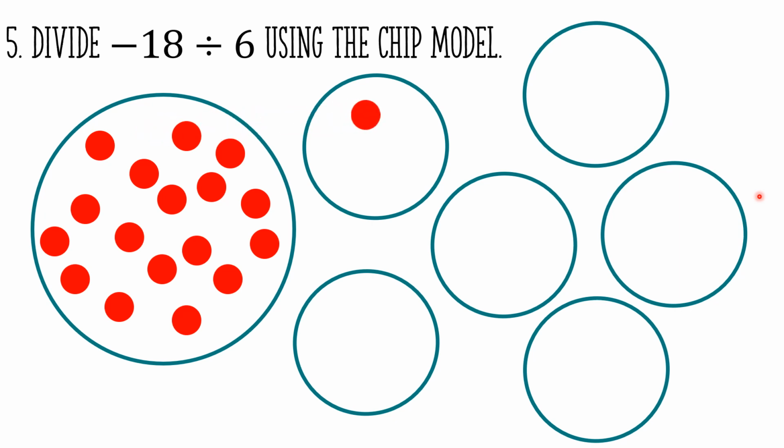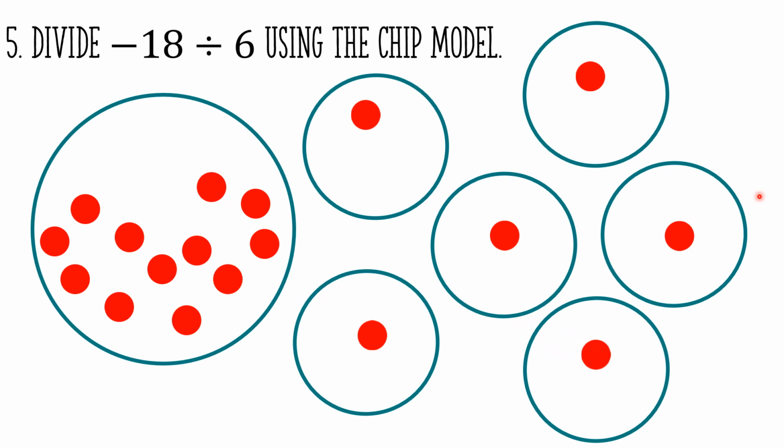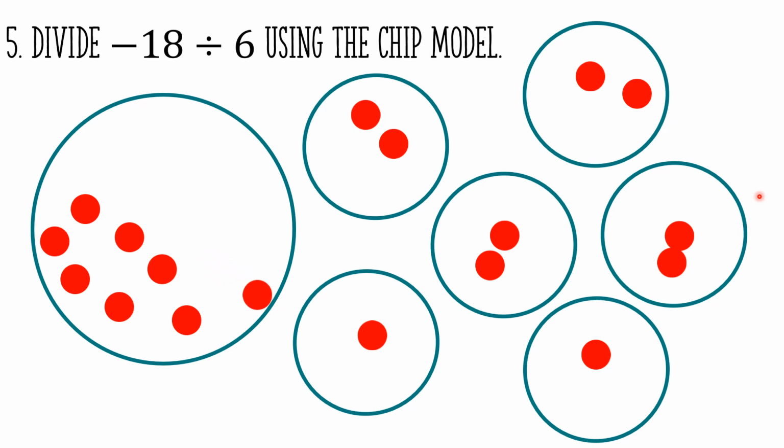All right, so put 1 in each group. Okay, I still have some left over, so let's do another round. So divvying them up once again. I still have chips left over, so I'm going to do this one more time.